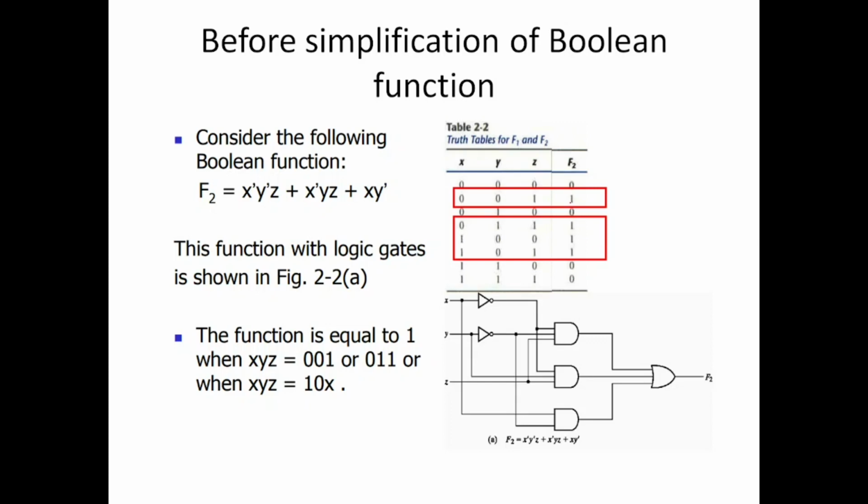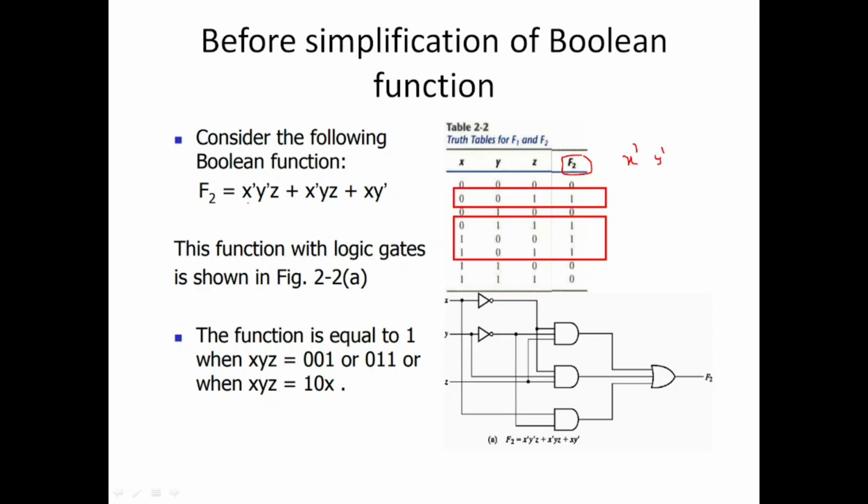This Boolean function does not contain any complement of z, so there is no need to find z dash here. So we have to find x dash and y dash. Before finding f2, the things we have to find are x dash, then y dash, and x dash y dash is needed.